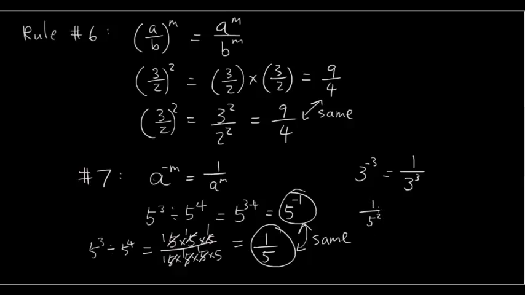Okay, it doesn't have to be 1 on the top. It can be any number on the top. I can say I have, let's say 12 over 5 to the power of 2. Okay, I can rewrite that as 12 times 5 to the power of -2, and so on. So that's rule number 7.